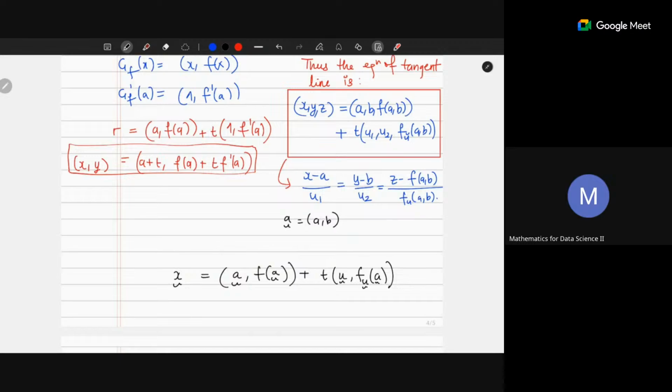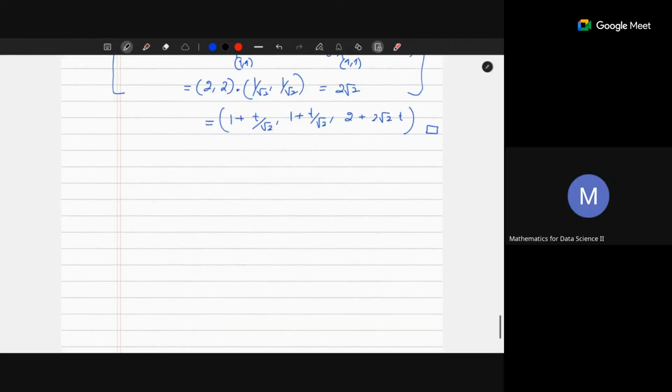Now the same expression, whatever we have proven for 2 dimensions, can be generalized for any function defined on n dimensions, and the expression remains as it is. It is directly coming from the two variable expression. It is the generalization of the two variable expression.